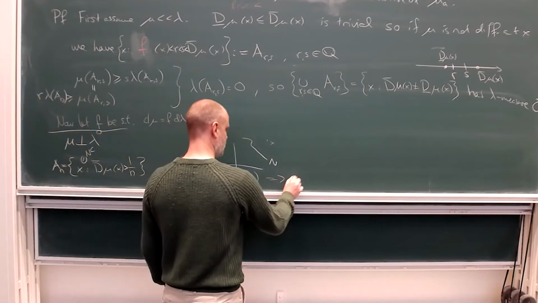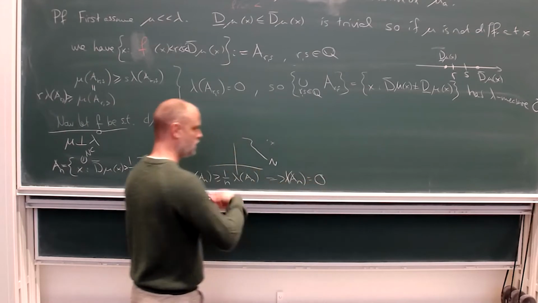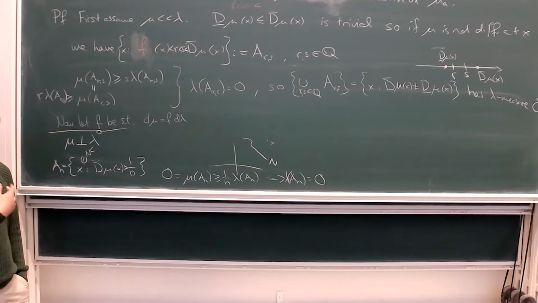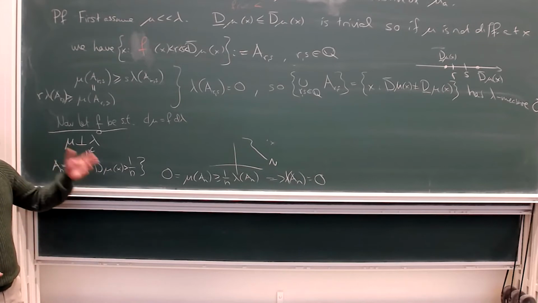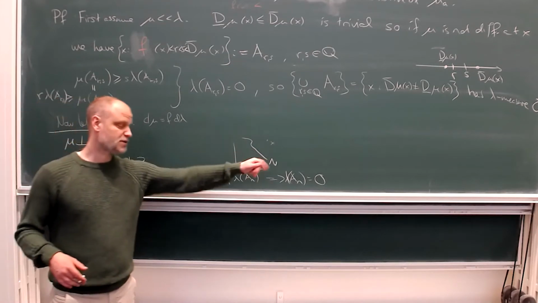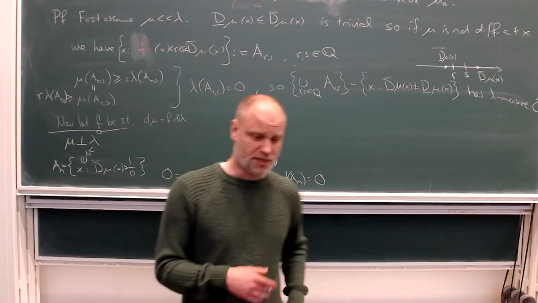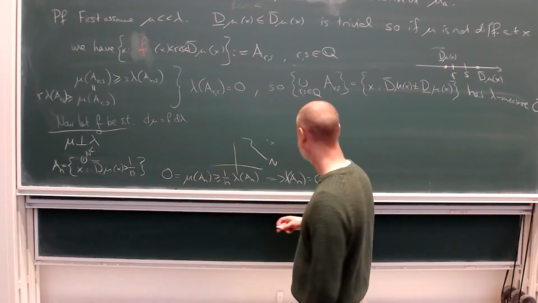So this means that A_n has measure 0. And now you just take the union of all of those A_n. It's going to have measure 0 still. And that will encompass all the points where the derivative is non-zero. So that has measure 0, and this set N has measure 0. So the derivative is 0 almost everywhere.